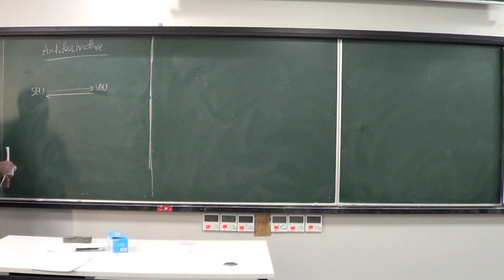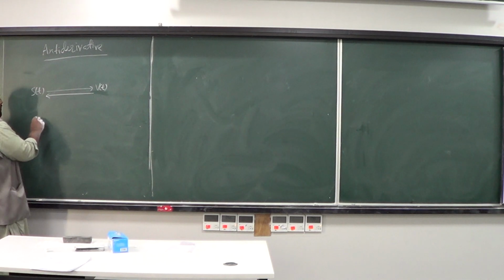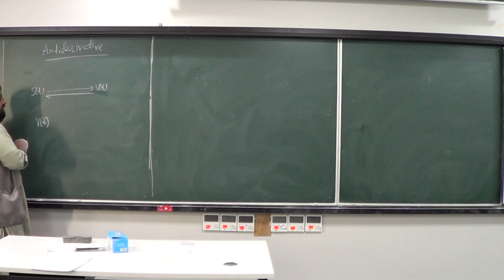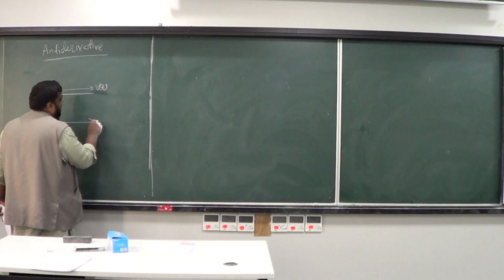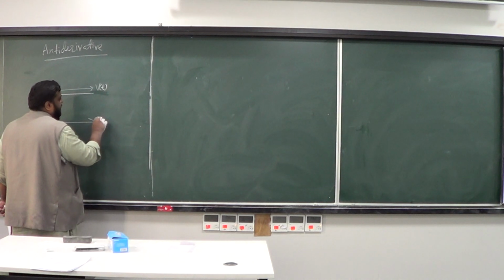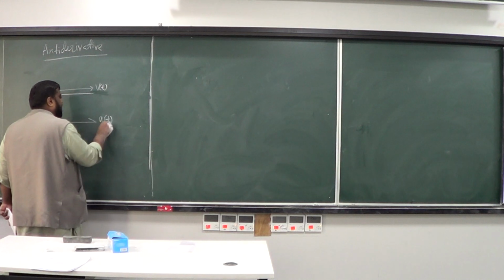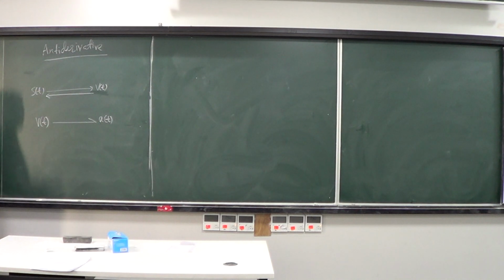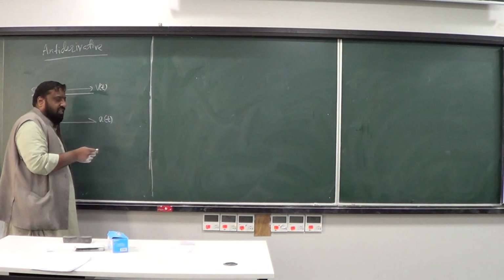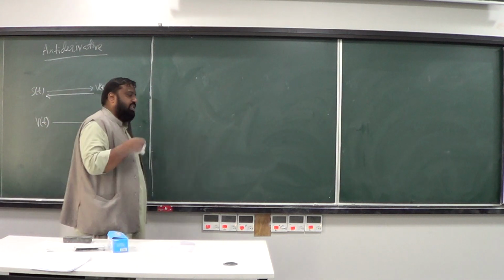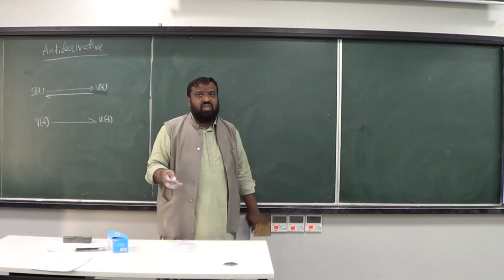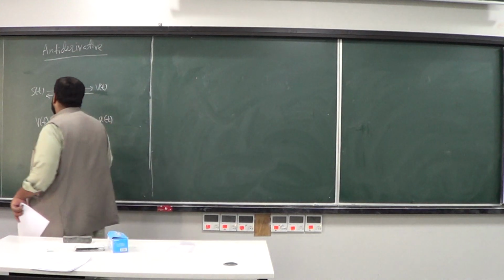And I can play the same game with acceleration. If we know the velocity of the particle, then we can compute the acceleration of the particle. The question is, can I go backward? If you tell me the acceleration of the particle, can we make a prediction about the velocity?